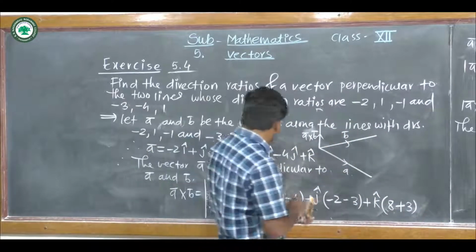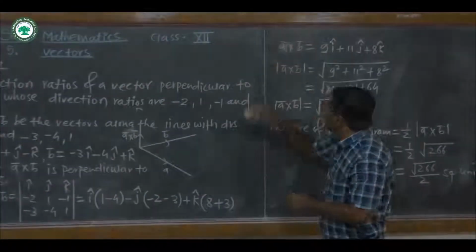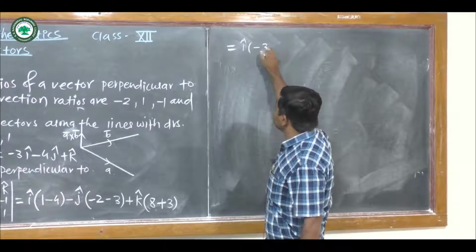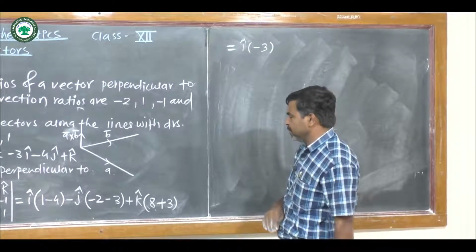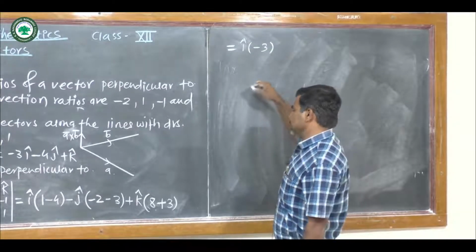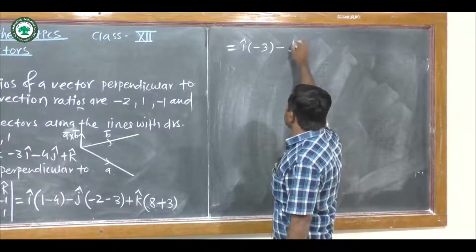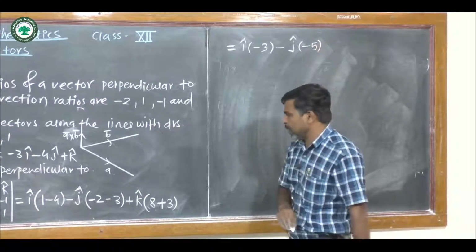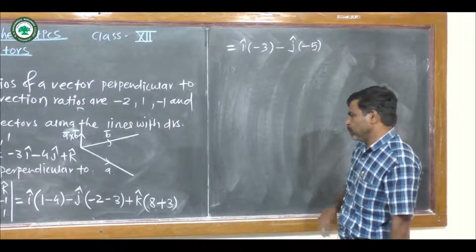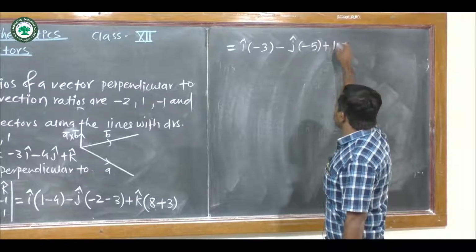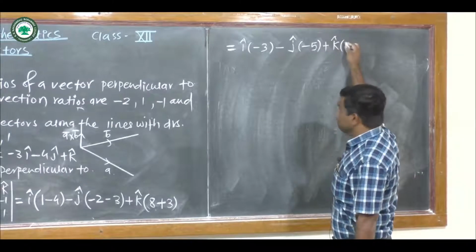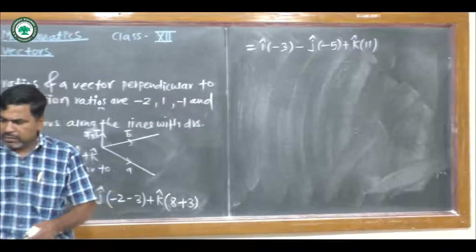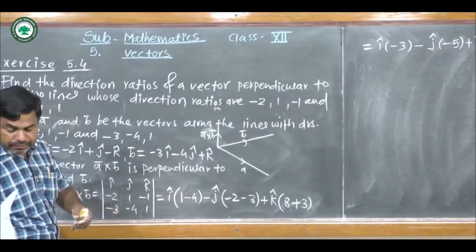So A bar cross B bar is equal to i cap into (1 minus 4 minus 3), that is minus 3, minus j cap in bracket minus 5, plus k cap in bracket 8 plus 3 becomes 11.